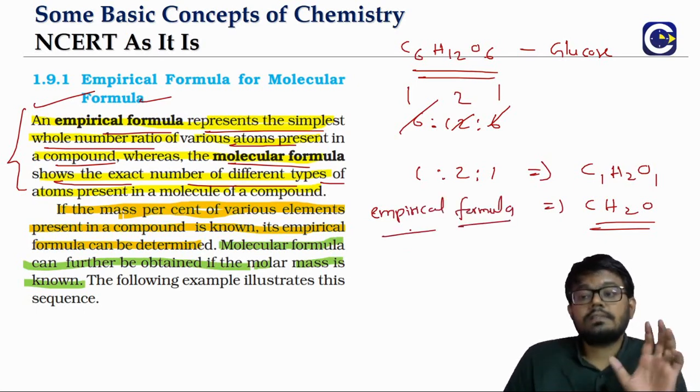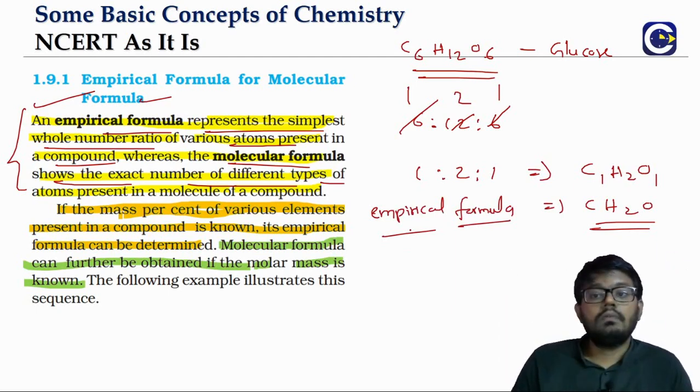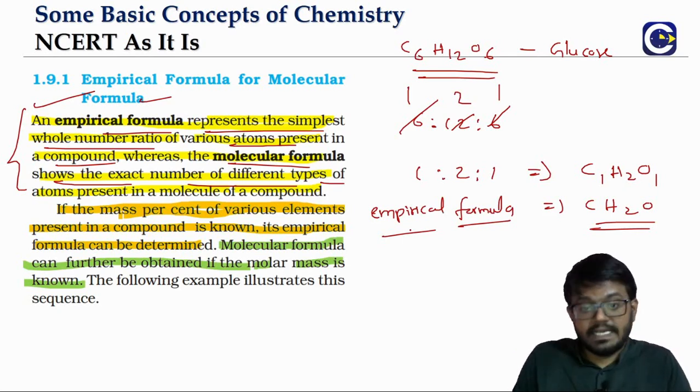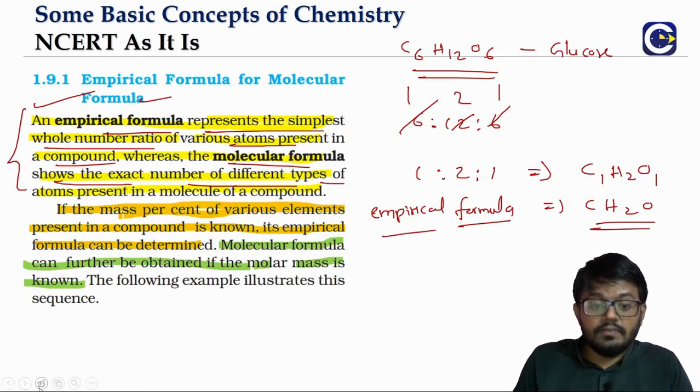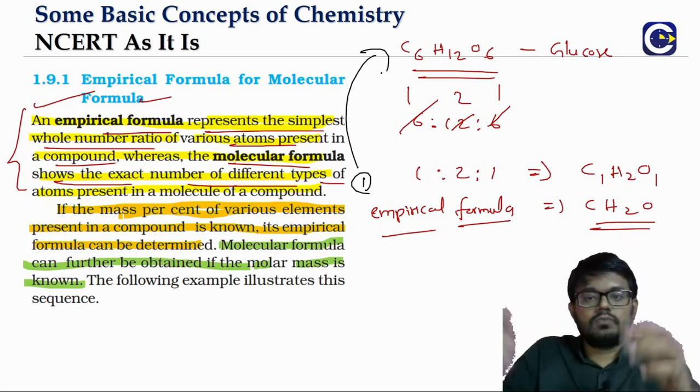Ultimately we want to find the molecular formula. But from the mass percentage data, the first thing we will be able to get is the empirical formula. From here we will be able to find the molecular formula.